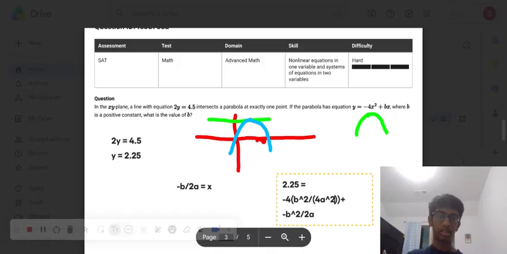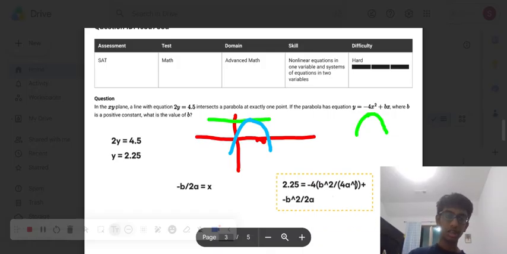So this is negative 4 squared, so that's 16. So 16 times 4 is 64, right? And this is also going to be equal to your negative 8, right? And negative 4 times 64 is negative 16. Yeah, negative 16.